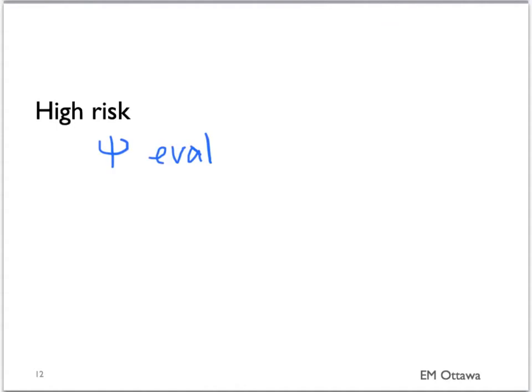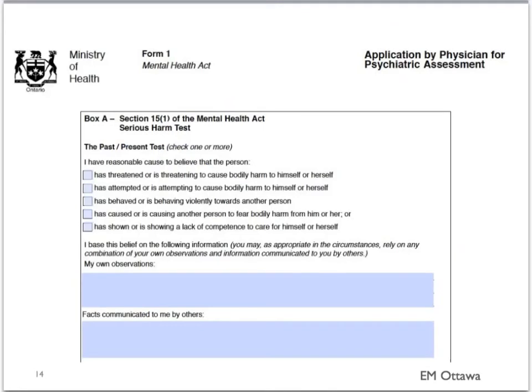If the patient does not consent, depending on where you work, there are different ways to detain a patient without their consent. In Ontario, we use the Form 1 under the Ontario Mental Health Act. It allows us to detain the patient for a maximum of 72 hours without their consent in a psychiatric facility.